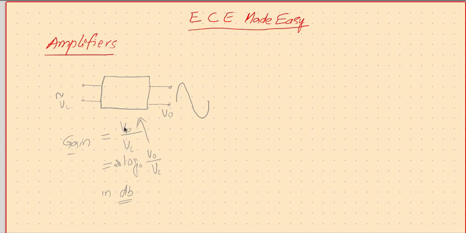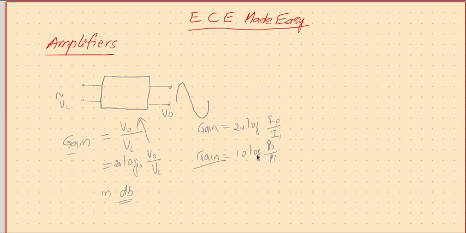For voltage gain and current gain, the expression is multiplied by 20, but if it is power gain, then it is multiplied by 10. So voltage gain is 20 log VO by VI, for current gain it is 20 log IO by II, and for power gain it is 10 log PO by PI.